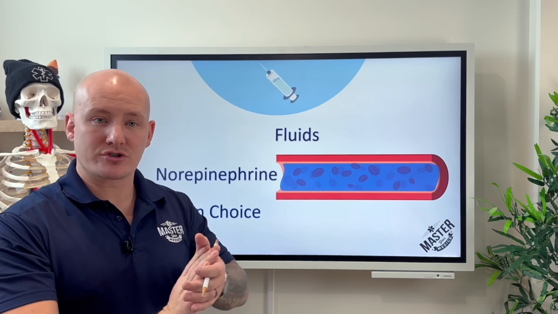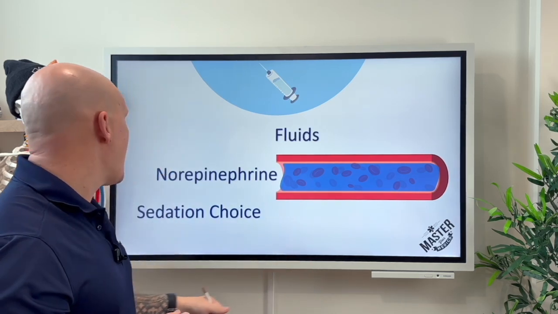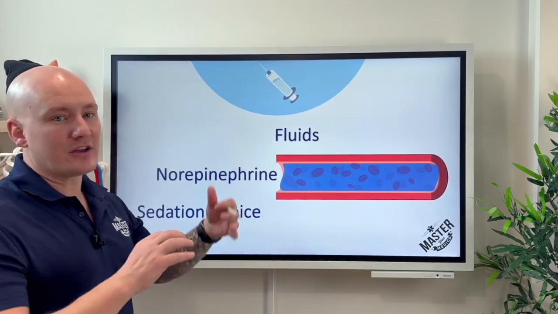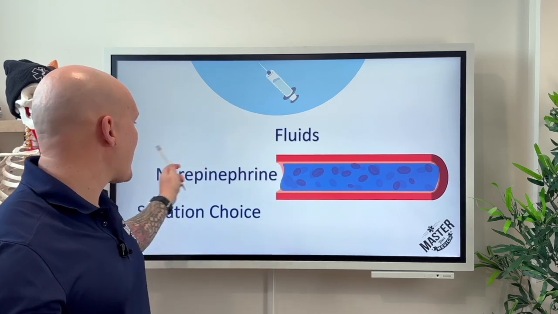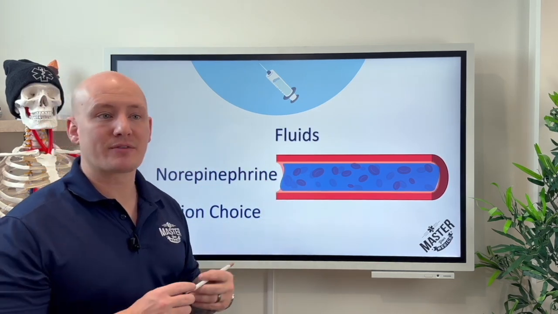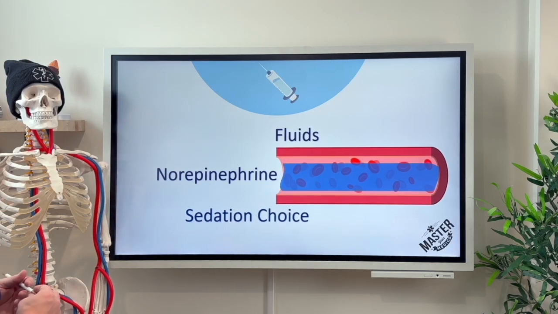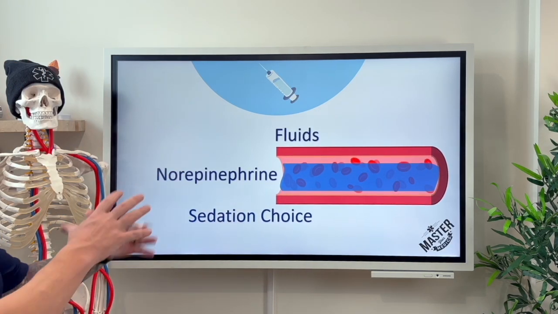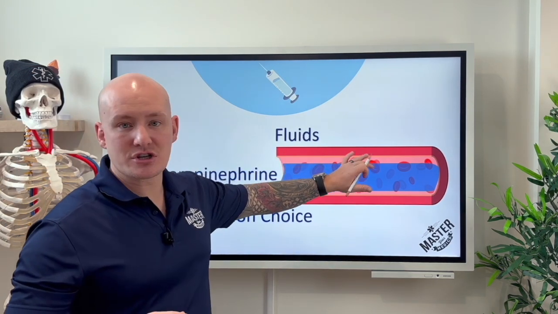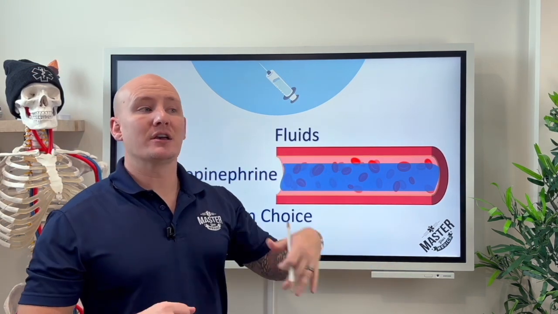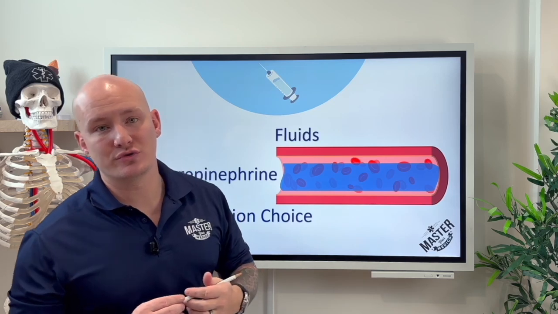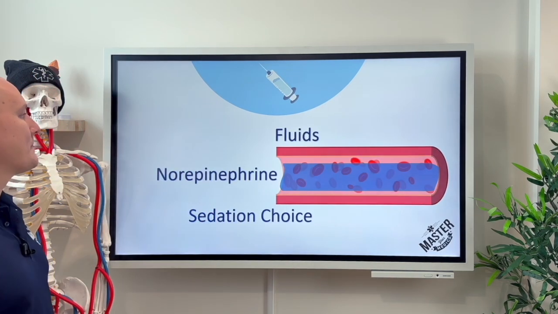It causes vasoconstriction because of catecholamine release. And so using a sedation choice that doesn't cause vasodilation, to counteract what you're trying to do with fluids and norepinephrine, is a big benefit to these patients. So limiting the vasoactive sedation choices and limiting the chances of it causing vasodilation, thus causing hypotension, is something you have to think about if you're choosing to intubate these patients.